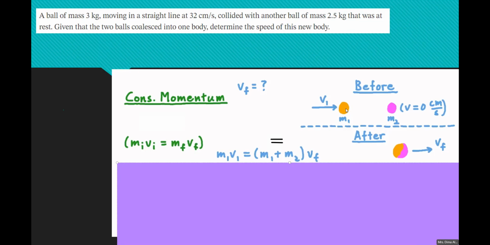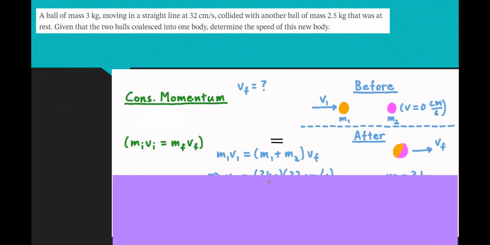After collision, they stick with each other, and they have a new velocity. So what is the velocity, the speed, of the new body after collision? What did we say? We say that the momentum before equals the momentum after.